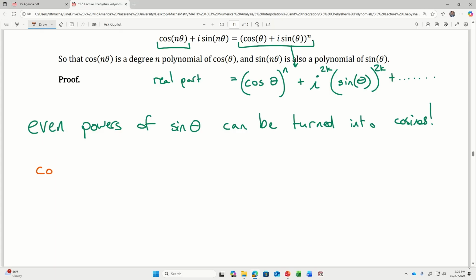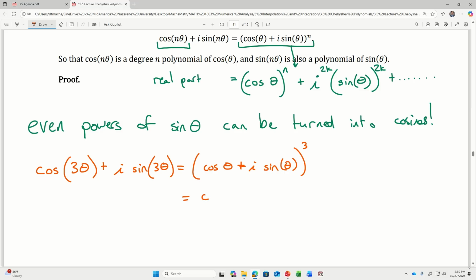If I were talking about cosine of 3 theta, why not? This would be cosine of theta plus i sine theta raised to the power 3.